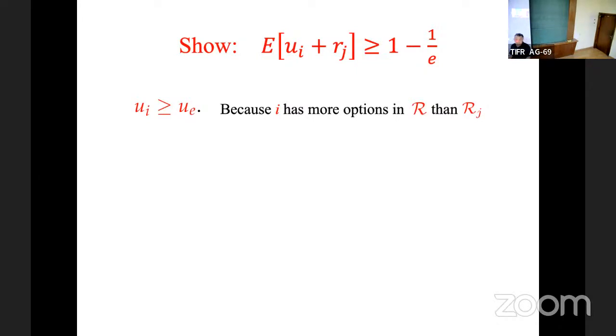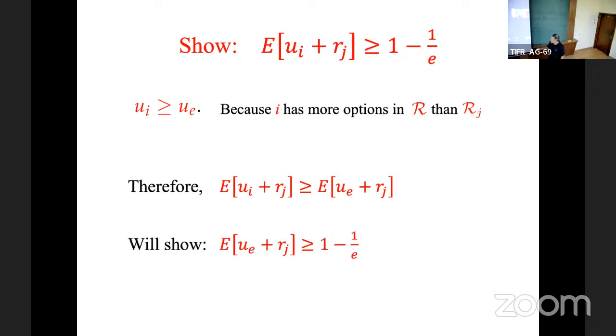So if it has more options, it might be able to pick a lower price and therefore get a higher utility. And because of that, the utility of these two is bigger than the utility of these two. So I don't have to talk about ui anymore. It's more convenient to talk about ue. So I'm going to show you this fact, which of course leads to the other fact.